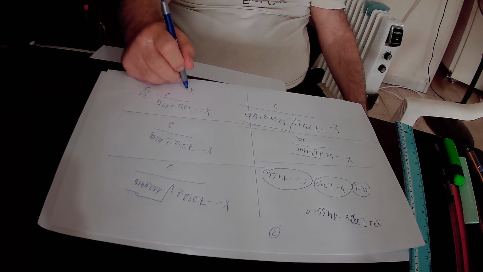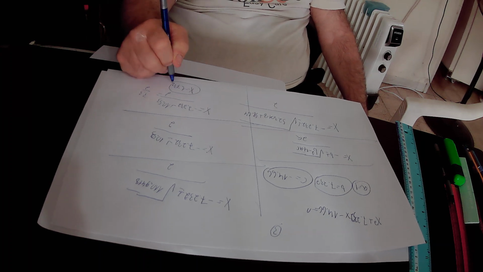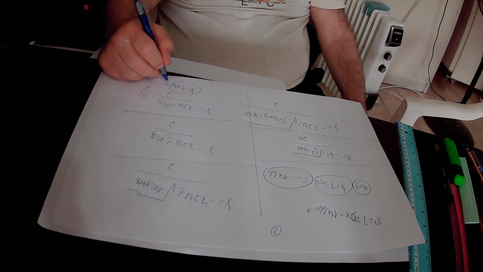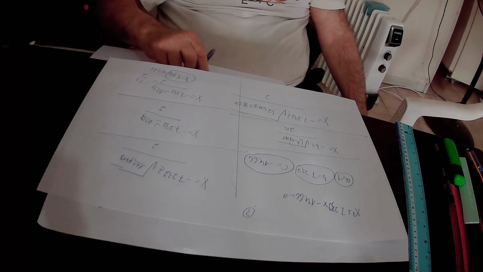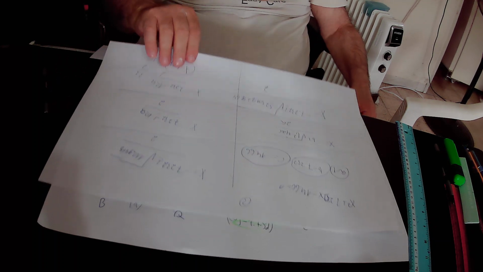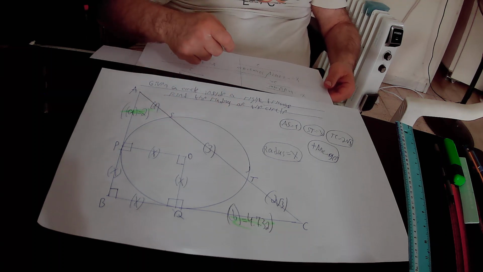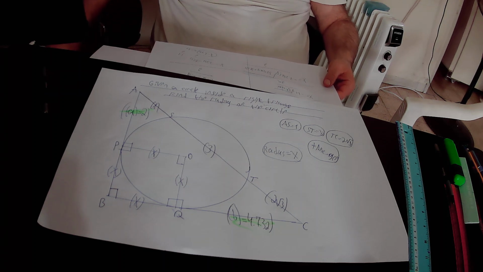So x equals 1.732 units in length. So the radius of the circle equals 1.732 units. Again, the radius of this circle, x, equals 1.732 units. So in the next step, I'll summarize the lecture.